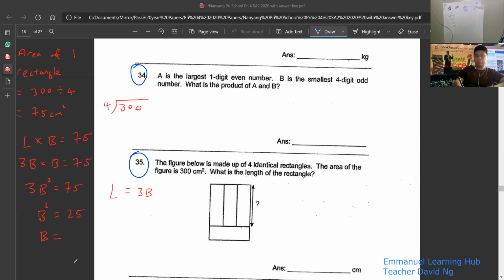The length is 3 times what equals 300? Nothing to do with 300 already. Now it's 75, because you already found the area of one rectangle.